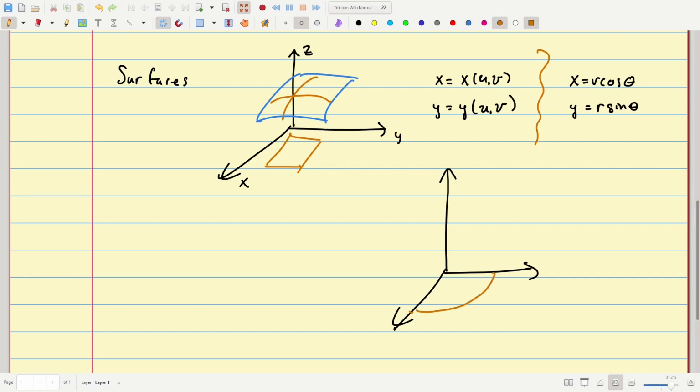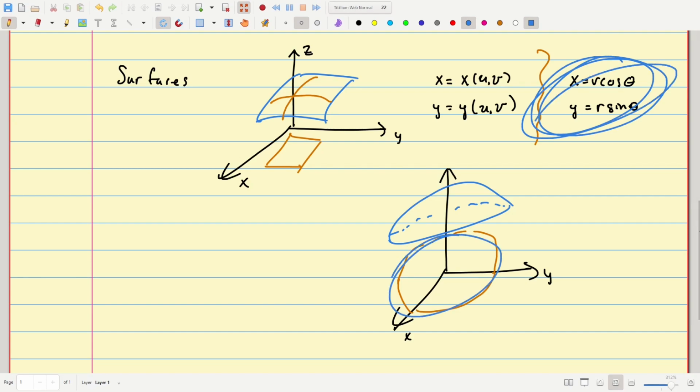I have some circular domain down here that's in the xy plane, and my function is some surface that lives above the integration domain. So we use this parameterization here to describe this bottom part so that I can integrate what's happening on the surface up here. Does this all make sense?